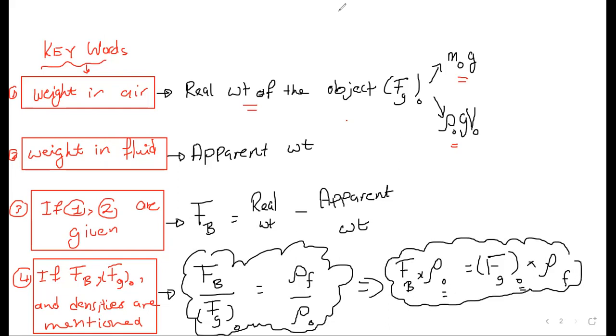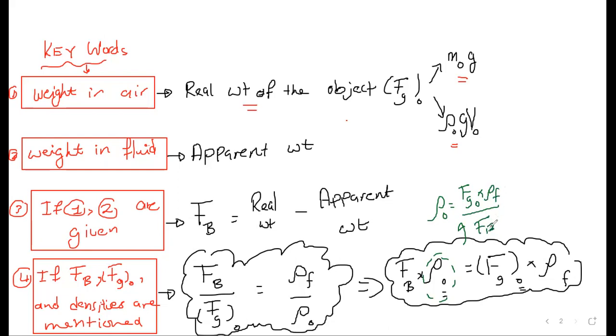Because if I want to find any one of them, for example, if I want to find rho O, what will I do? I'll say rho O equals the other hand side, which is FG O times rho F divided by FB.